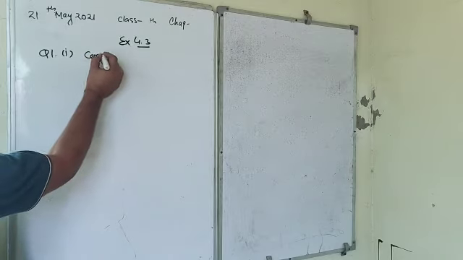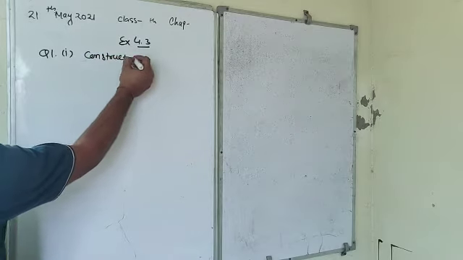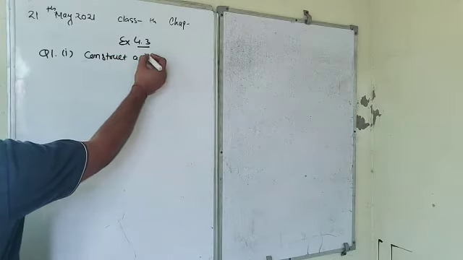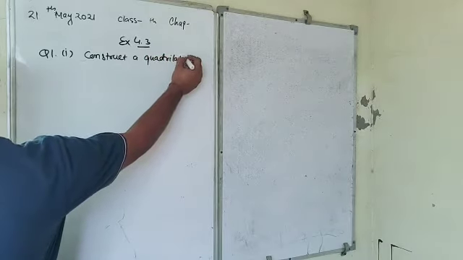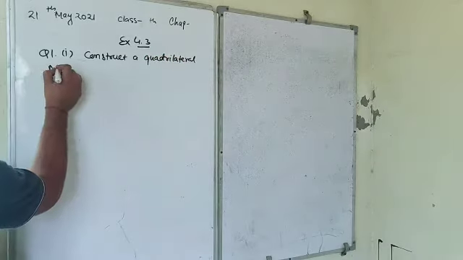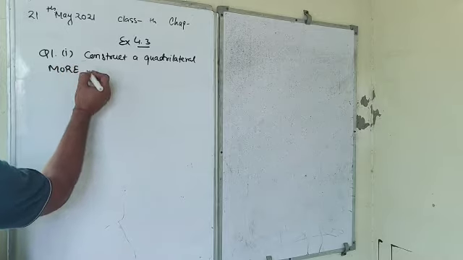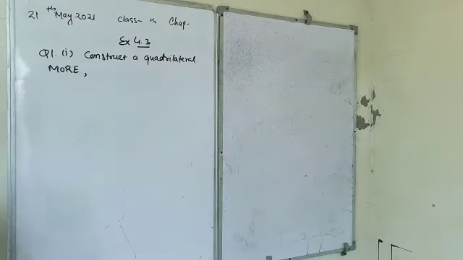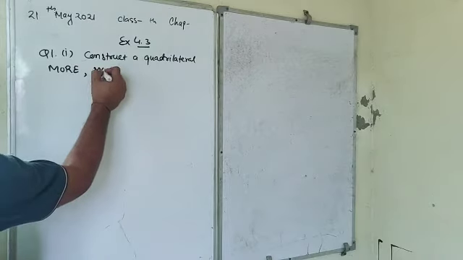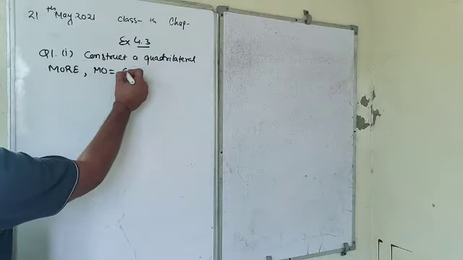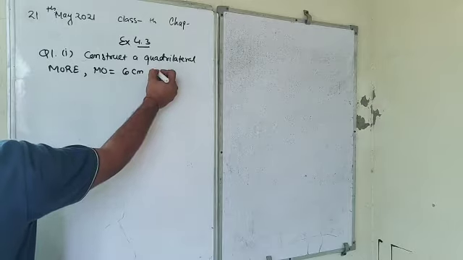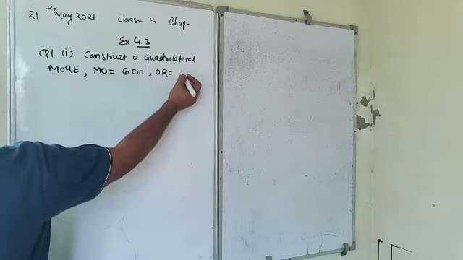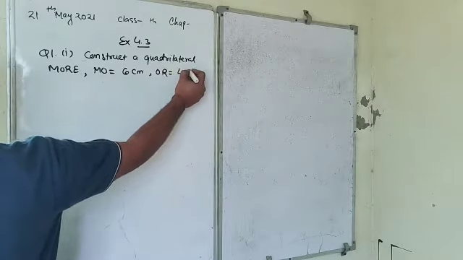Construct a quadrilateral MORE where MO is given to be 6 centimeter and OR is given to be 4.5 centimeter.